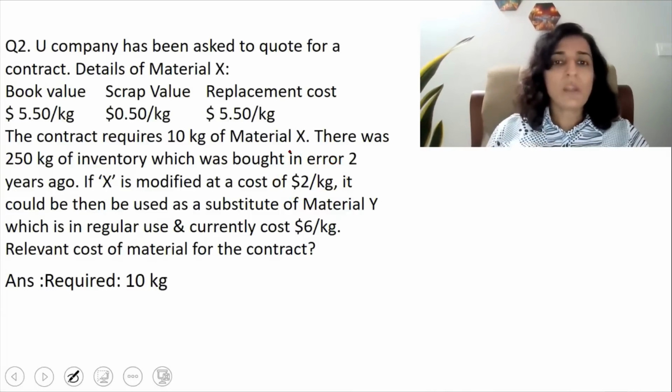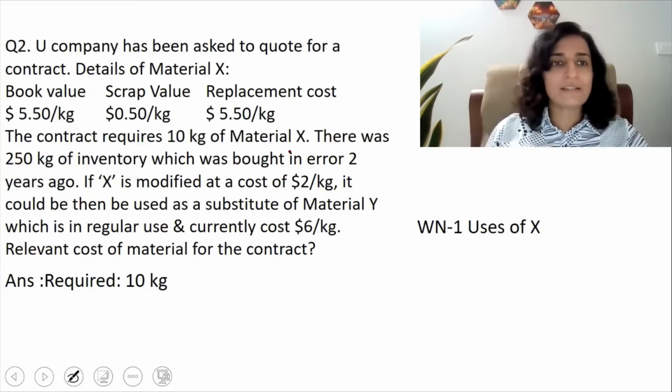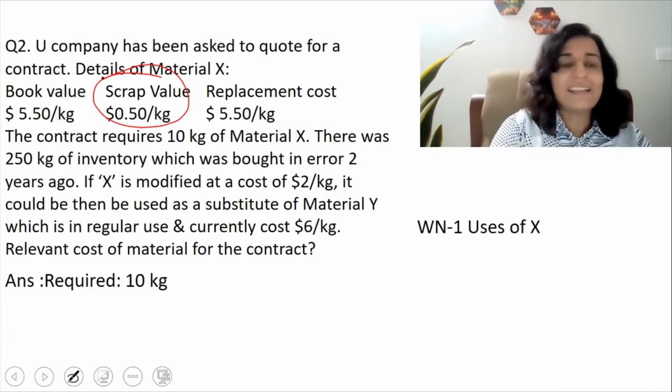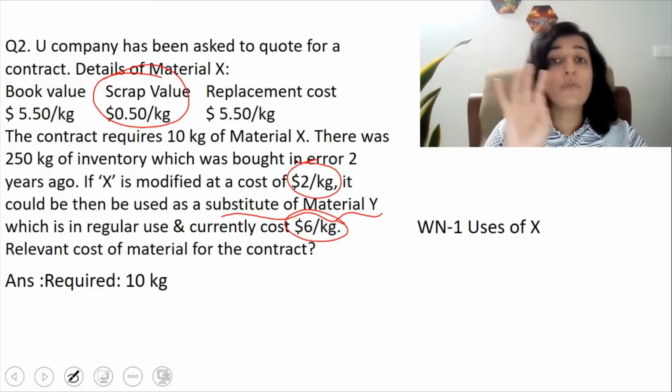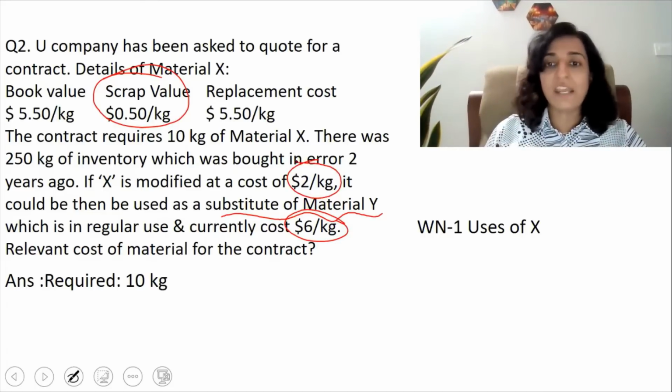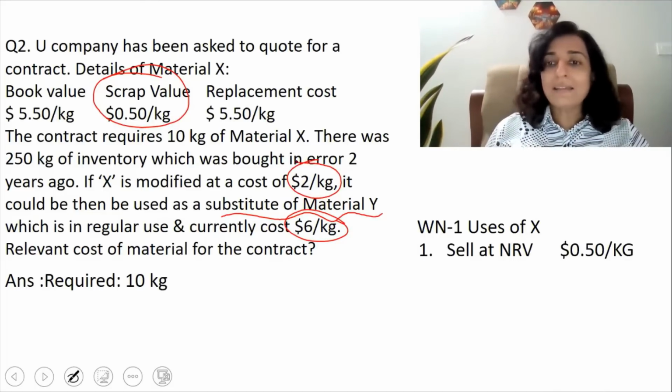Okay, so we will see the uses of X. One use was we could sell it for scrap. We will be getting only $0.5. Or the second use is we could use it as a substitute of material Y, in which case we will be saving 6 minus 2, or $4. So we will just take note of it.